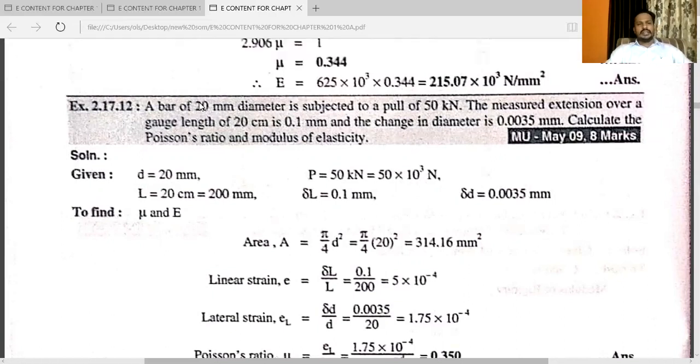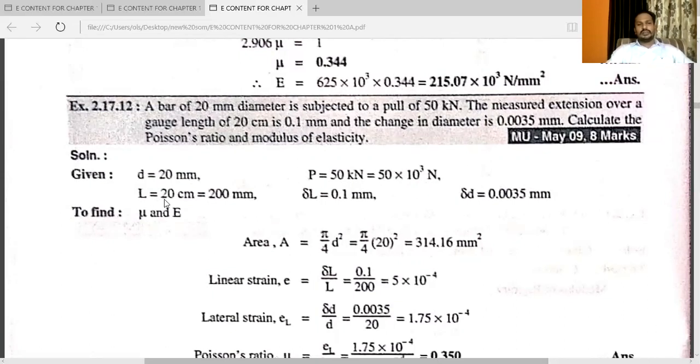First of all, make a list of given data. The bar diameter is given, that is 20 mm. Subjected to a pull of 50 kilonewton, means P is given, 50 kilonewton. So you have to convert into Newton, that is 50 into 10 raised to 3 Newton. The measured extension over the gauge length of 20 centimeter is 0.1 mm.